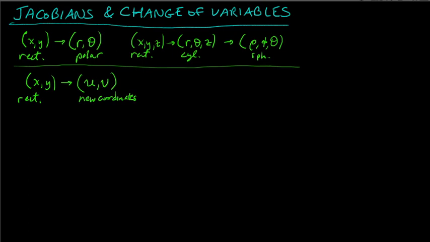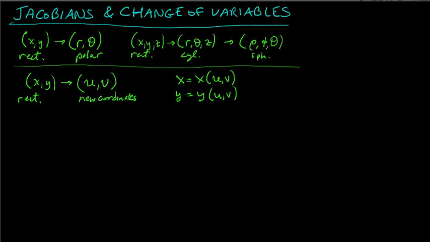And presumably, x is just some function of u and possibly v as well. And y is also some function of u and v. So this is the more general setting.